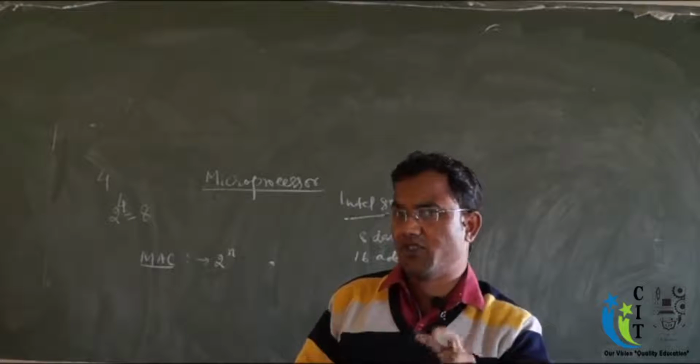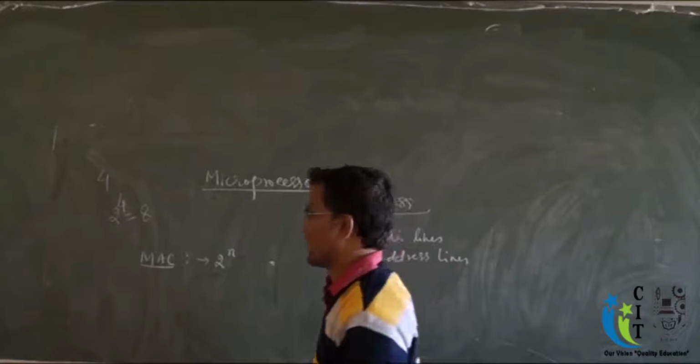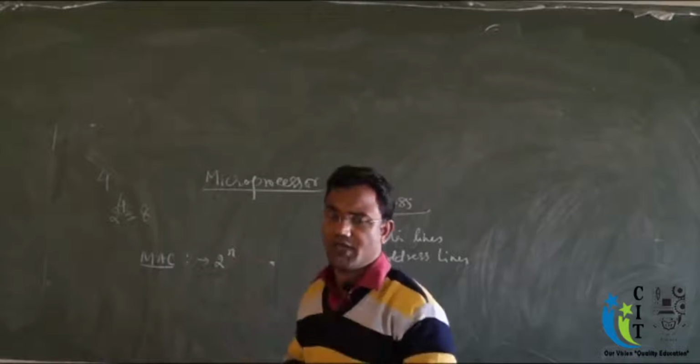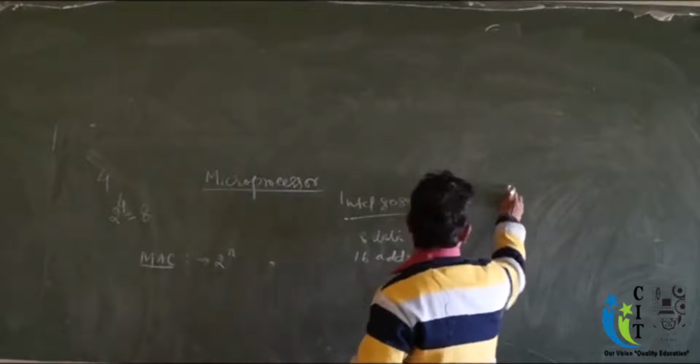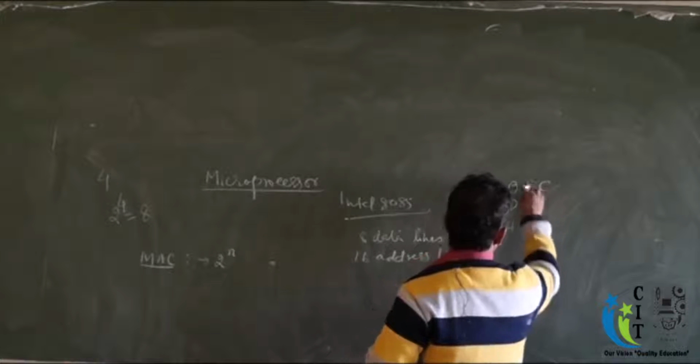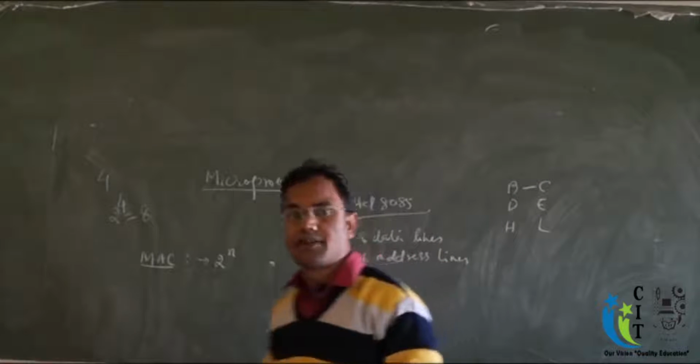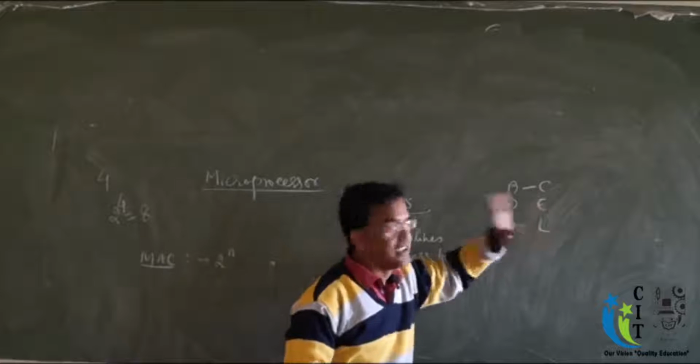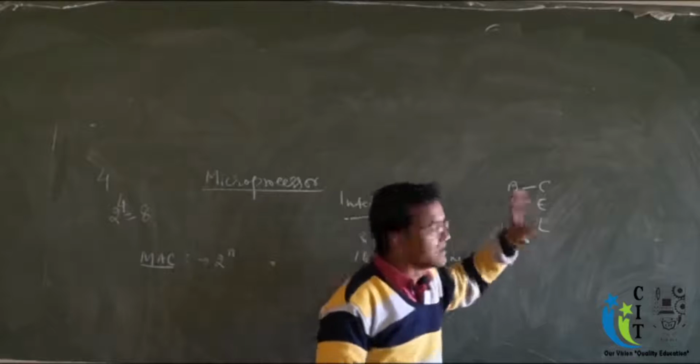So in 8085 there are 3 register pairs. For our memory we remember them as B, D, H. Means B is paired with C register, D is paired with E register, and H is paired with L register.